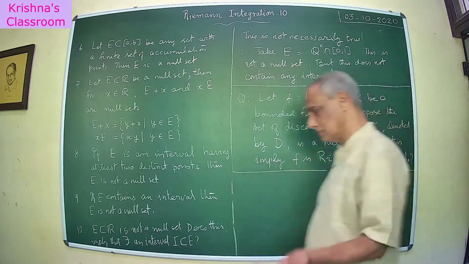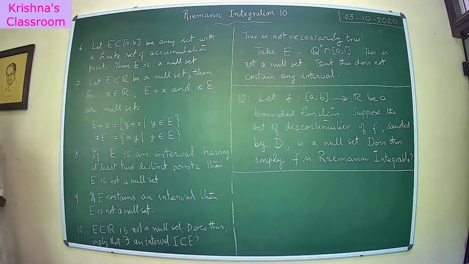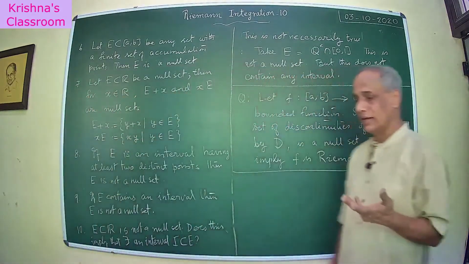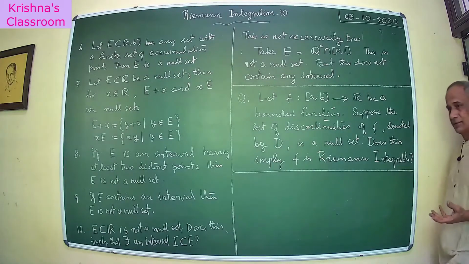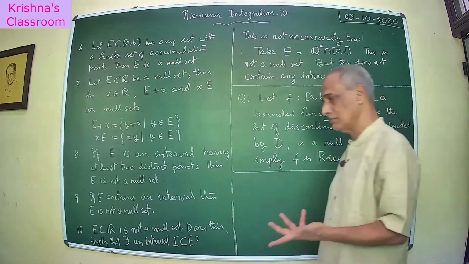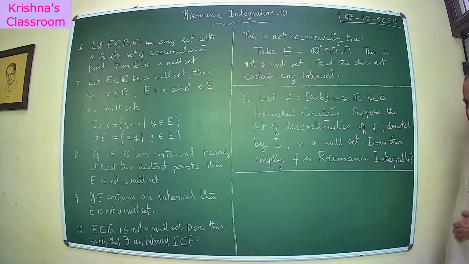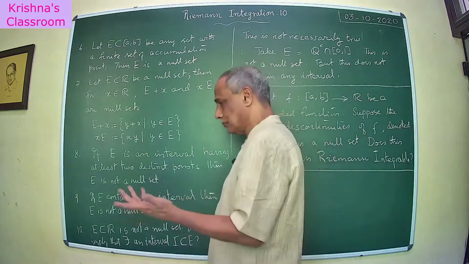This is the route along which mathematics develops. It's not the way it is usually done in a textbook, where we state a theorem, define something, prove a theorem, and then probably go to some examples.